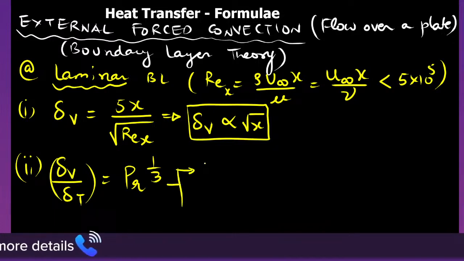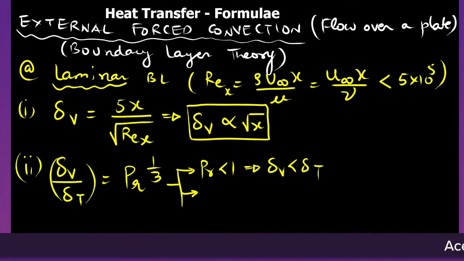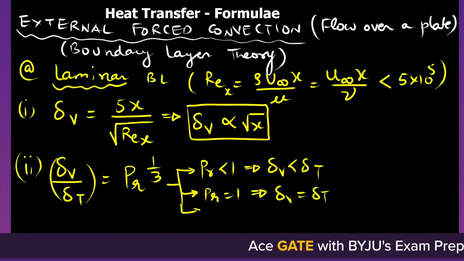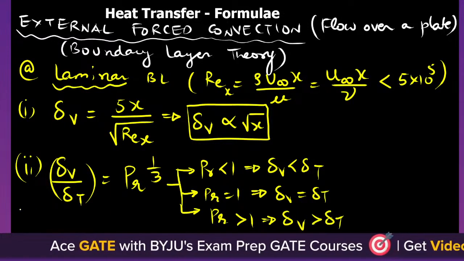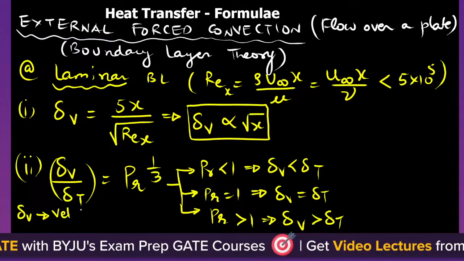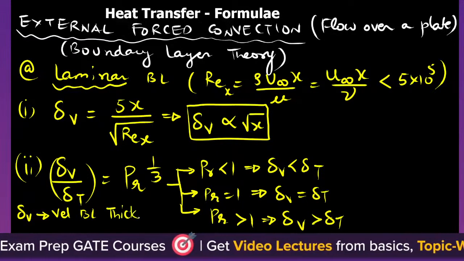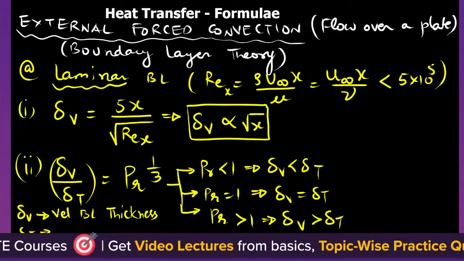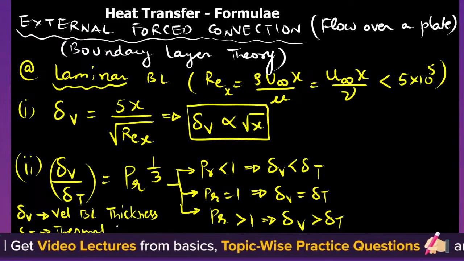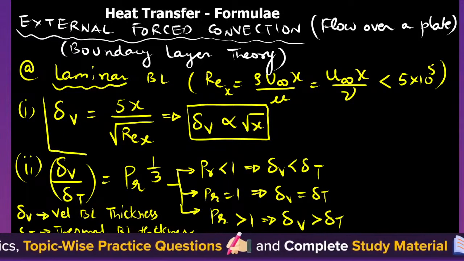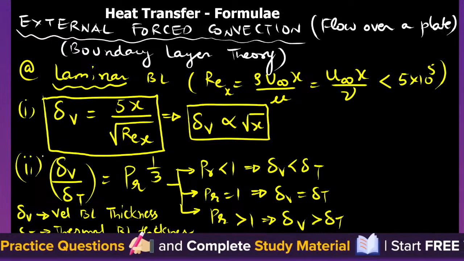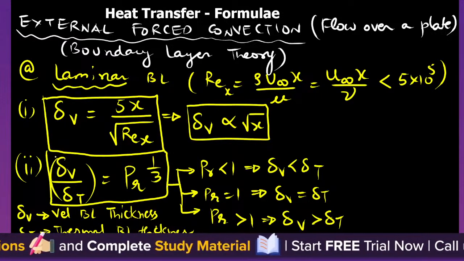From here we can say if the Prandtl number is less than 1, then delta V will be less than delta T. If the Prandtl number is equal to 1, then delta V is equal to delta T. If the Prandtl number is greater than 1, then delta V is greater than delta T. Delta V is the velocity boundary layer thickness and delta T is the thermal boundary layer thickness. These are important formulas for the laminar boundary layer for flow over a flat plate.